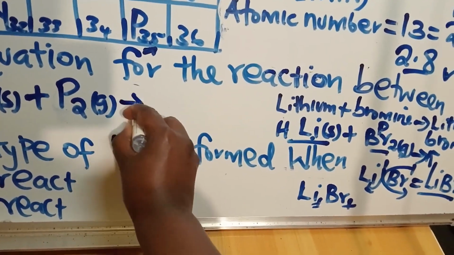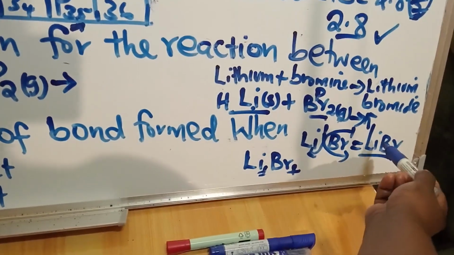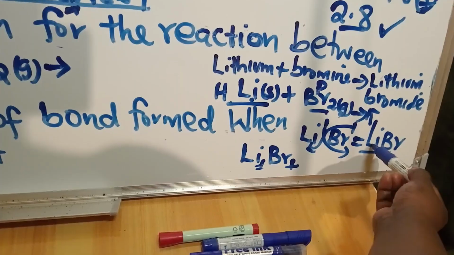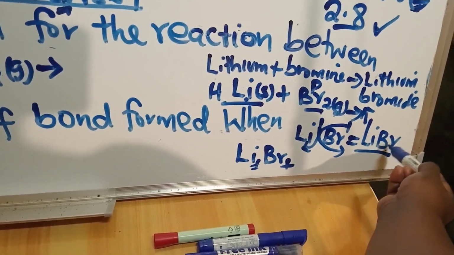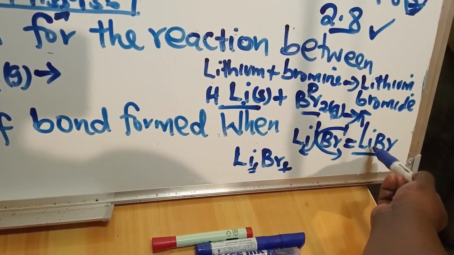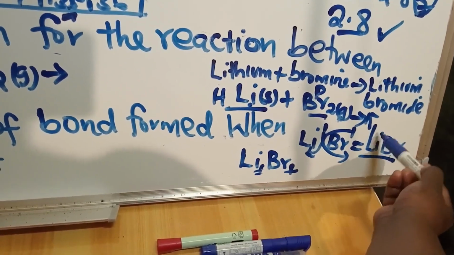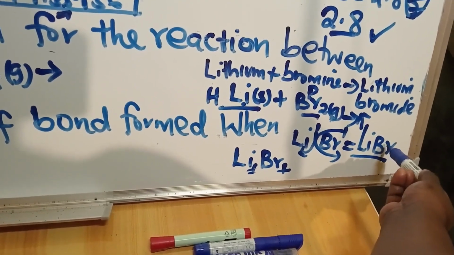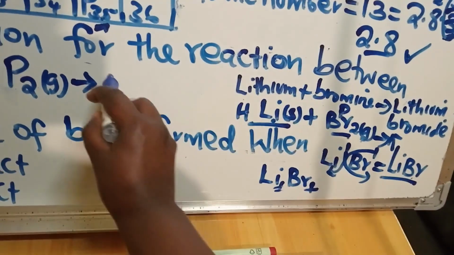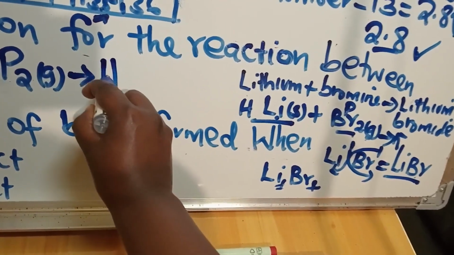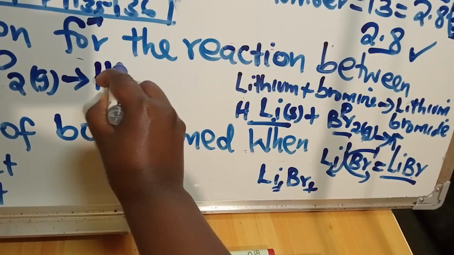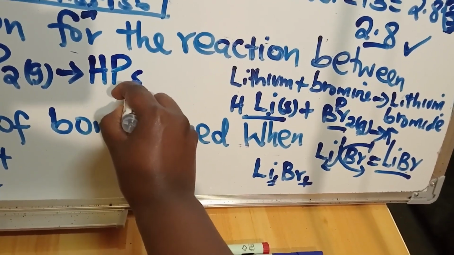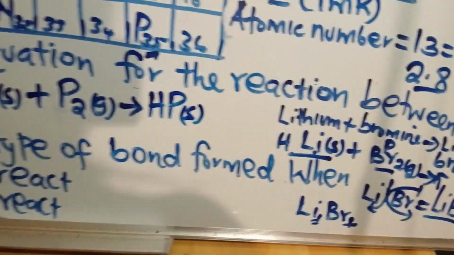It is a gas. And then the formula for lithium bromide is LiBr. Wherever we have Li, we remember that is capital H, and wherever we have Br, that is P. So it will be H and P, and it is in the solid state.